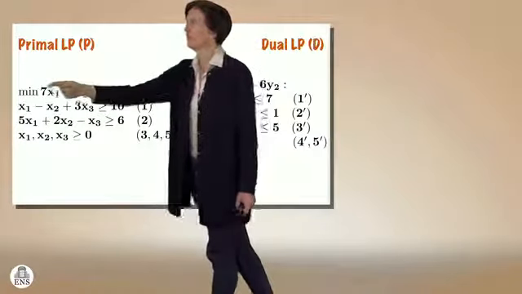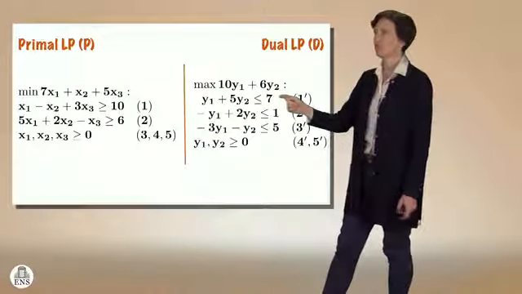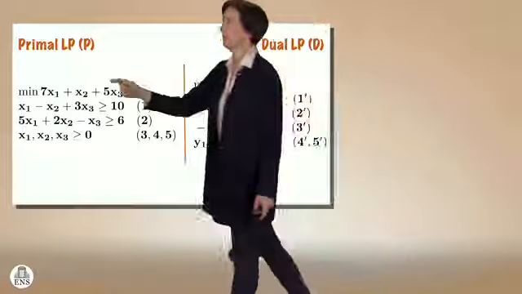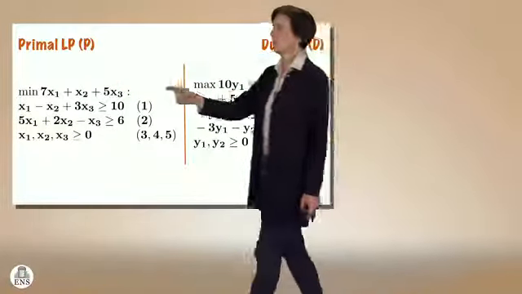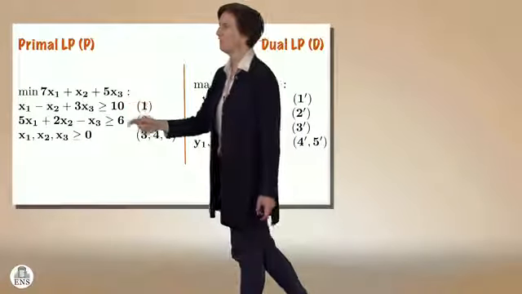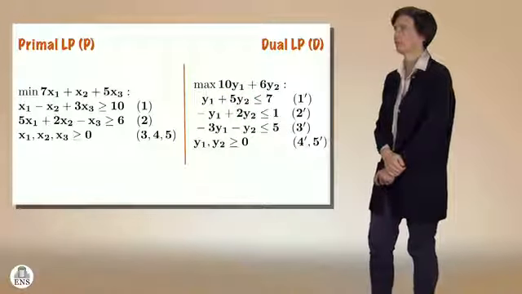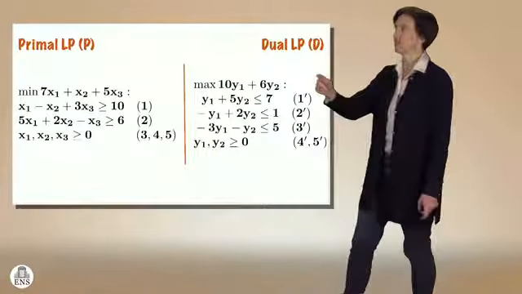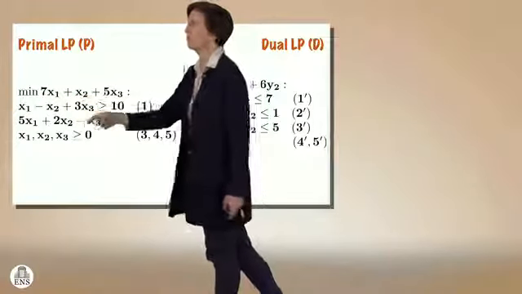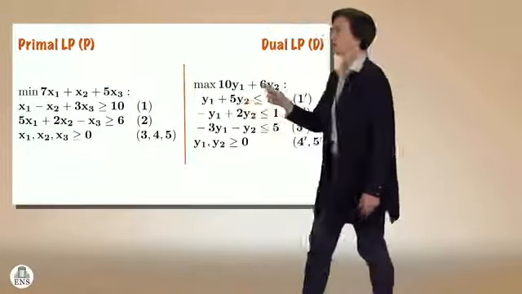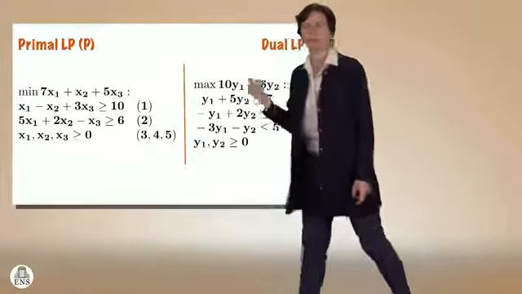The 7 that is here in this objective is there in the constraint of the dual. The 5 is here. And what about these coefficients, these terms, 10 and 6? You find them in the objective of the dual. And if you consider this matrix, the matrix 1, minus 1, 3, 5, 2, minus 1, you find this matrix again here, except it's the transpose of the matrix.